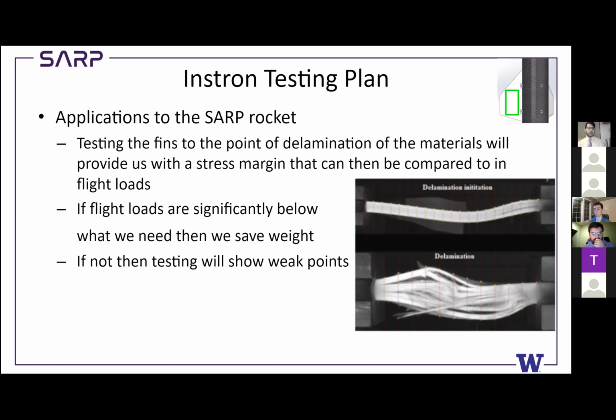As far as I know, this is our testing methodology to date. If there's nothing more, I'll pass it off to our lead, Patrick.